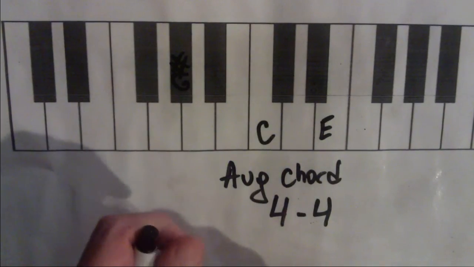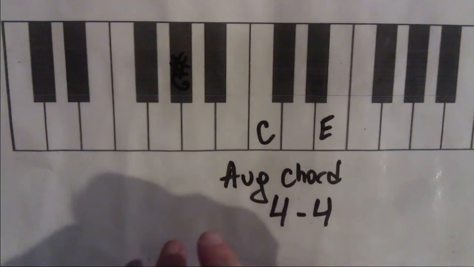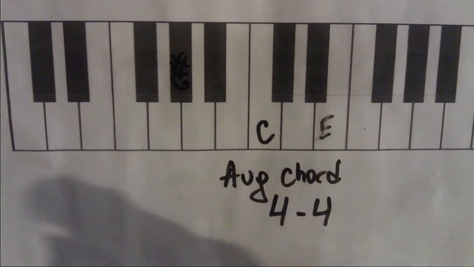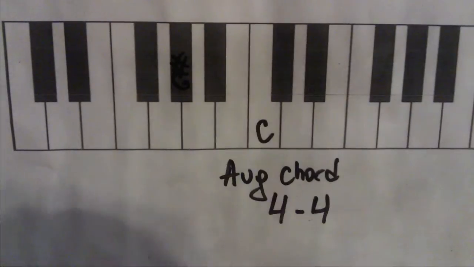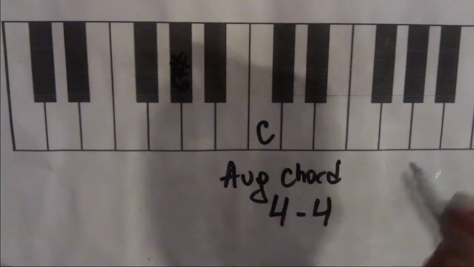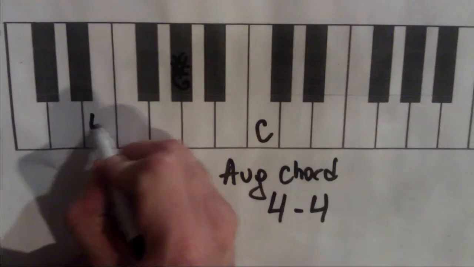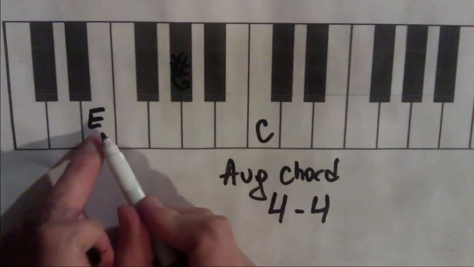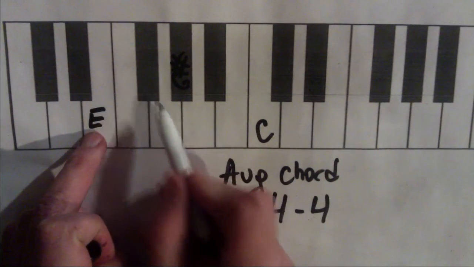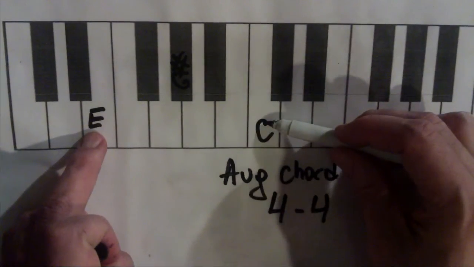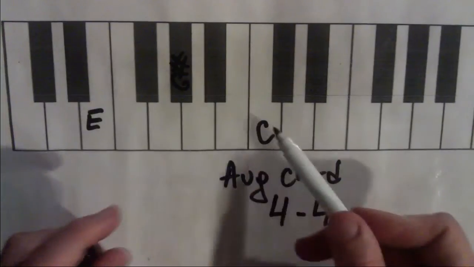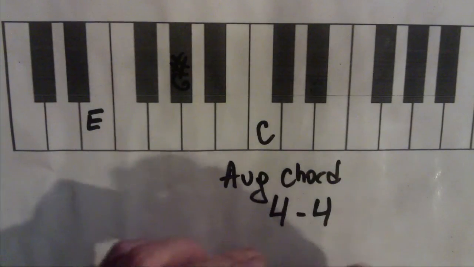And suppose I start from E, for example, I've got 0, 1, 2, 3, 4, 0, 1, 2, 3, 4, and then I have the same set of notes.